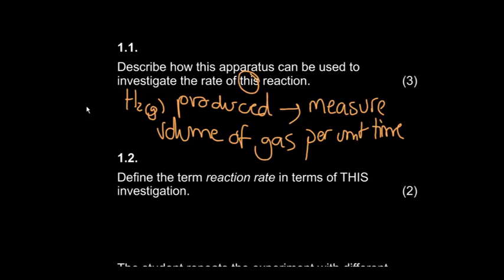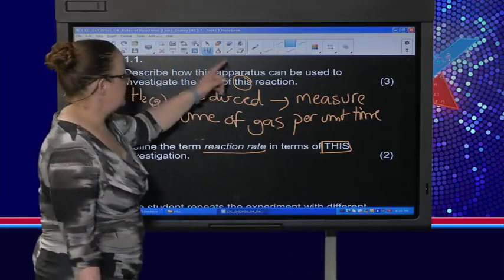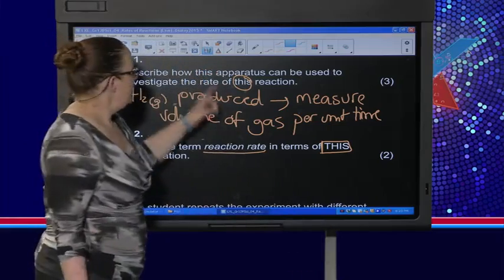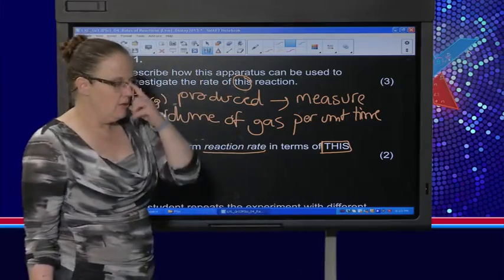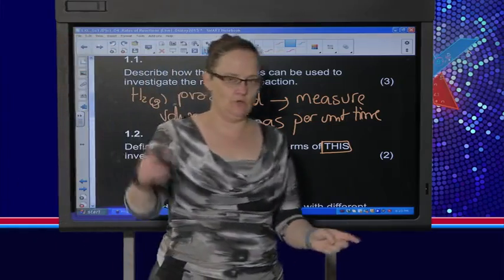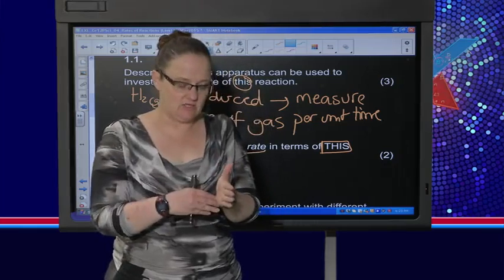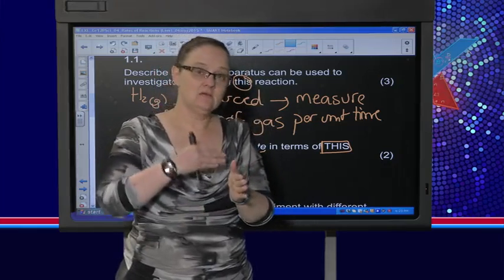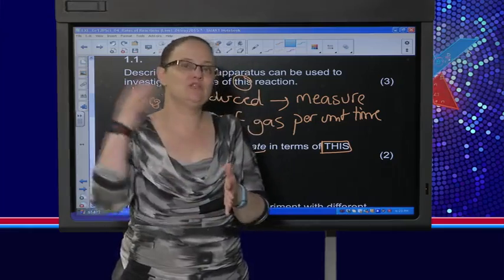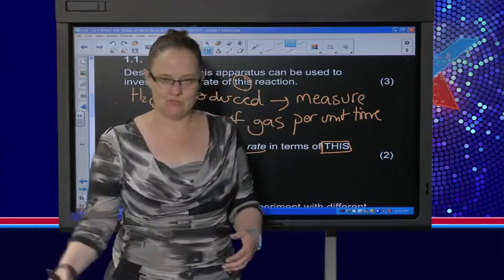Okay? Now, define the term reaction rate in terms of, look here, this reaction. Now, you have just told me, or I've told you, that we will measure the volume of the gas per unit time, which means the rate of this reaction is the rate at which hydrogen gas is produced.